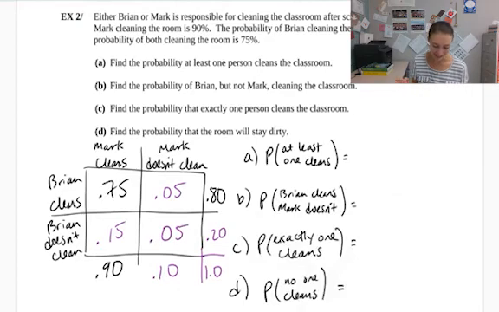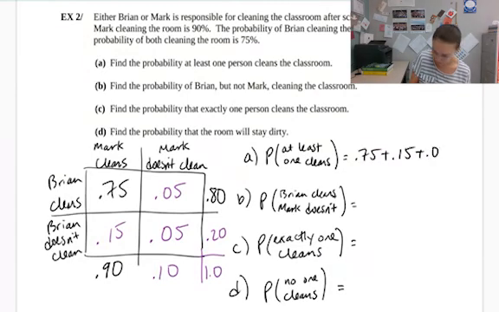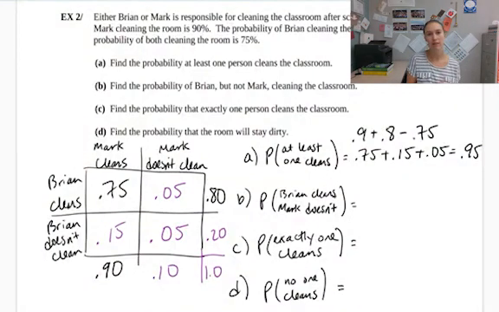The probability that at least one cleans means one cleans or both clean. At least one is one or more. So that's going to be 0.75 plus 0.15 plus 0.05, which gives me 0.95. You could have also done 0.9 plus 0.8 minus 0.75 if you're using the formula.